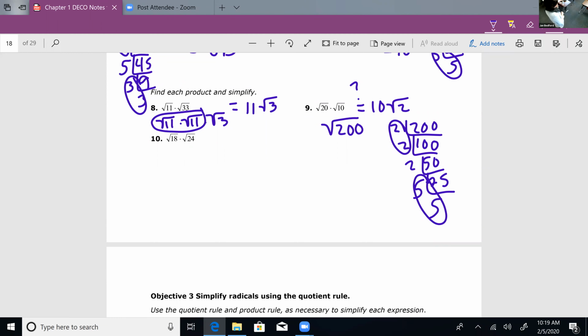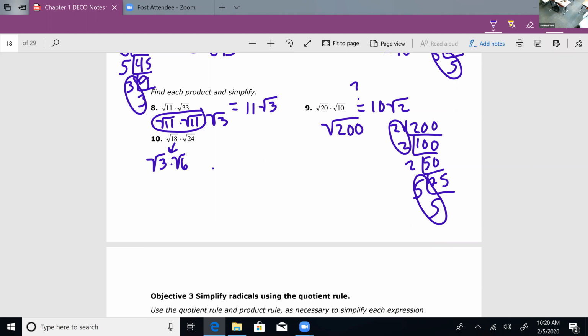All right, let me give you a suggestion. Do you think I could maybe figure out what the greatest common factor is between 18 and 24? What do you think is going to divide into both of those evenly? 6 would, right? Could I maybe factor these as 6 times what gives me 18? 3. So this is the same thing as the square root of 3 times the square root of 6, right?